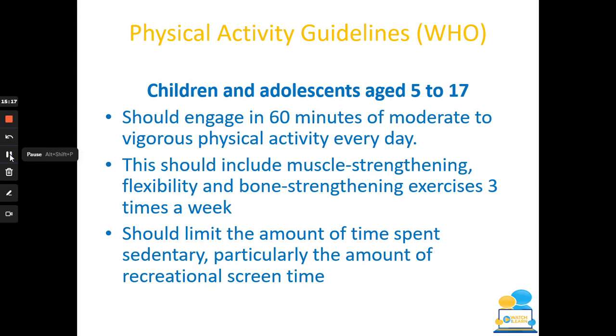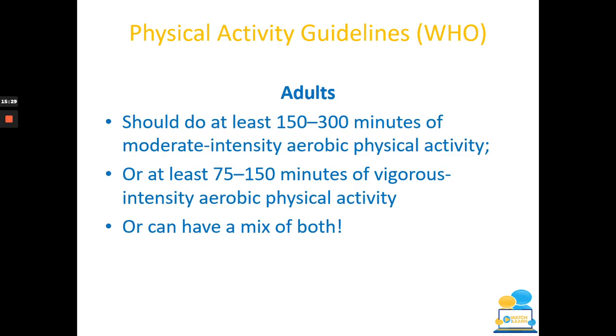Children and adolescents in this age range should also limit the amount of time spent sedentary and particularly the amount of time recreationally spent in front of a screen. And for adults, they should be performing at least 150 to 300 minutes of moderate intensity aerobic physical activity each week, or at least 75 to 150 minutes of vigorous intensity aerobic physical activity.